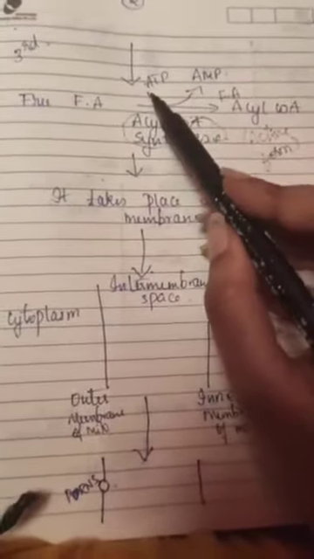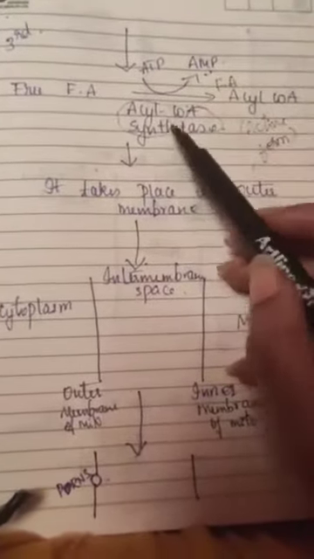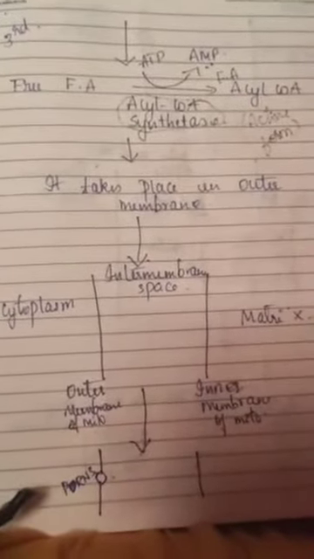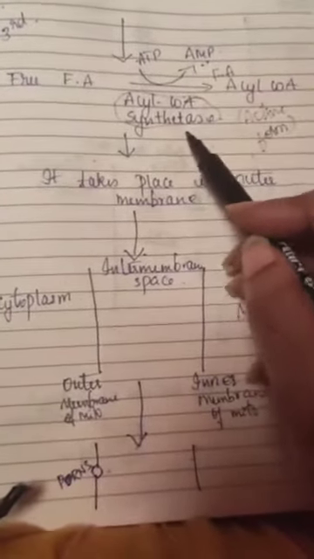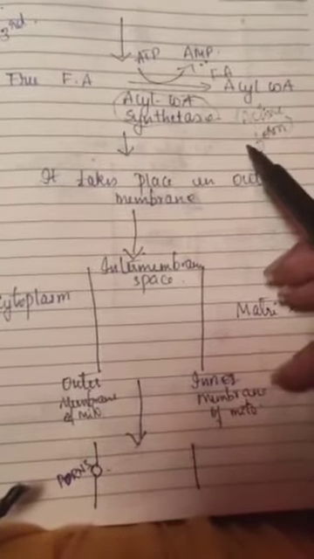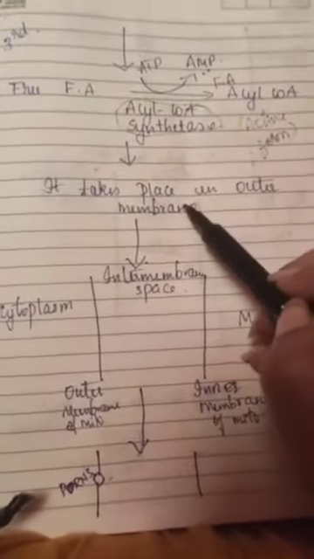Here ATP is utilized and converted to AMP. So the free fatty acid with acyl CoA synthetase forms fatty acid acyl CoA, which is an active form, and here energy is utilized and it takes place in the outer membrane.